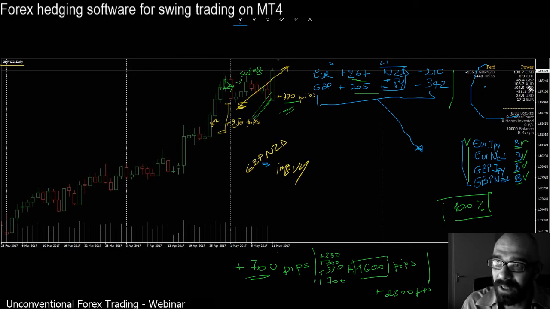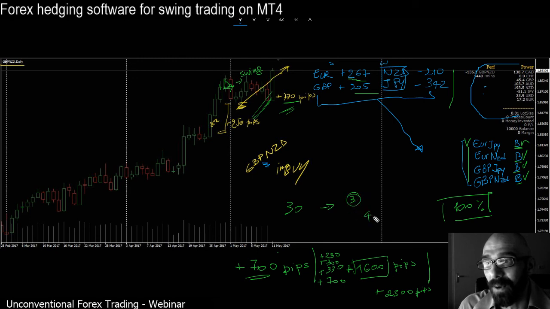But when something is tangibly weak, which means weak against the majority of the currency pairs, and when something is strong against the majority of the other currency pairs, then the magic happens, because you can really focus only on the pairs that matter. You have 30 charts, and then you narrow, in this case, at the beginning to 3 pairs only, and then to 4, but 2 of them were already embedded, so we had 5 positions, 5 charts to monitor.